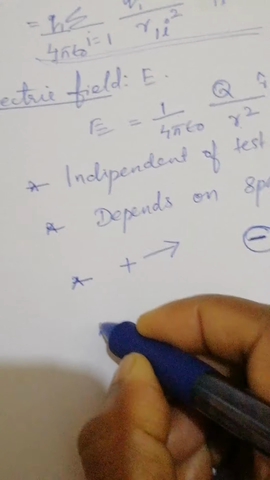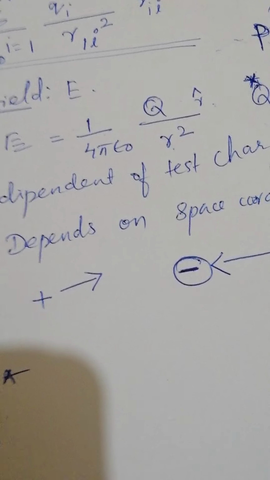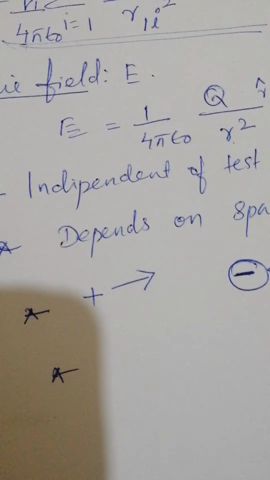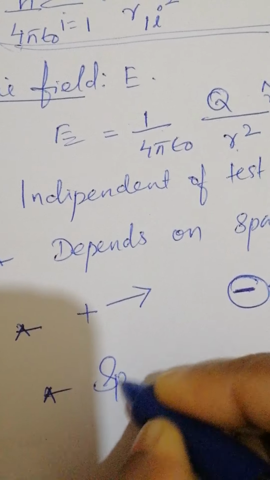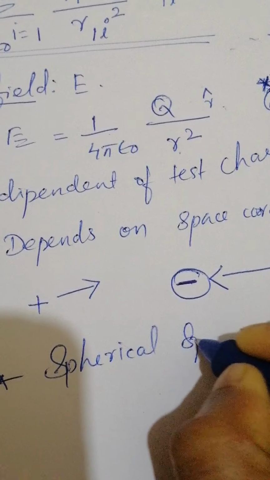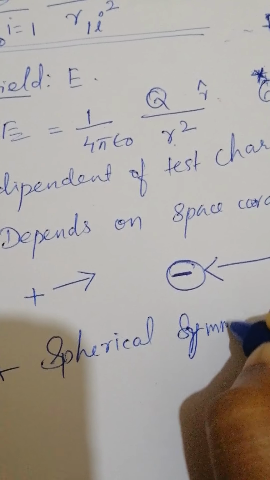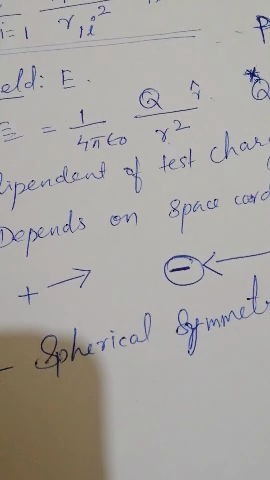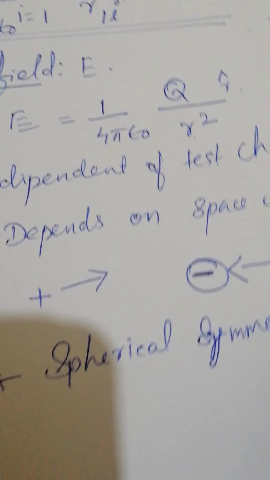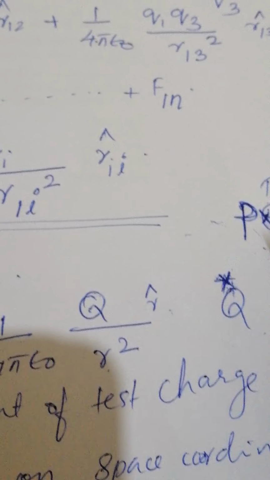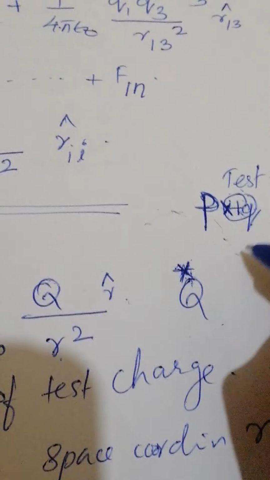And another point, see, electric field has a spherical symmetry. That means at equal distances, consider this point, around this we can put equal distances.